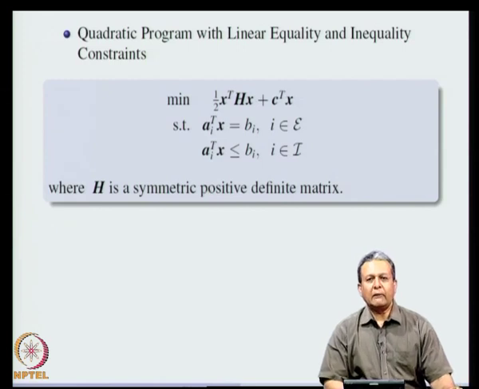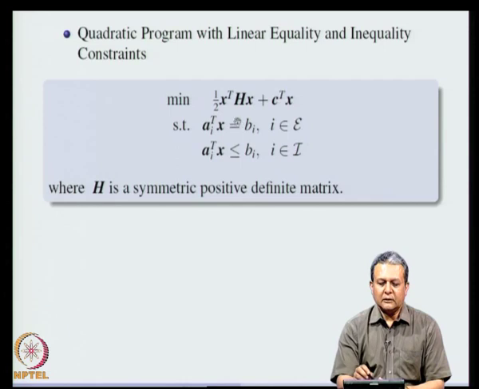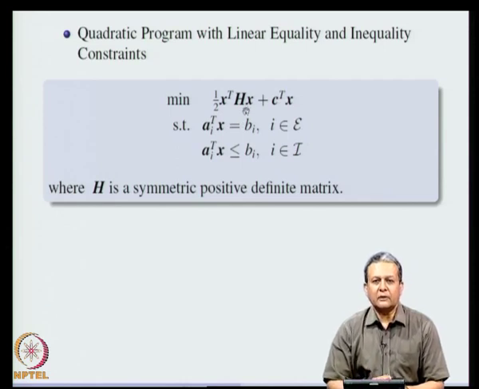Now, we want to devise an algorithm to solve this problem, and the idea is that given a feasible point, find the set of constraints which are active, and once we have the set of active constraints, solve the quadratic problem with respect to those active constraints. In that case we simply have to consider the equality constraint problem, and once we find the solution of that problem, we have to check whether that solution is in the feasible set or not.